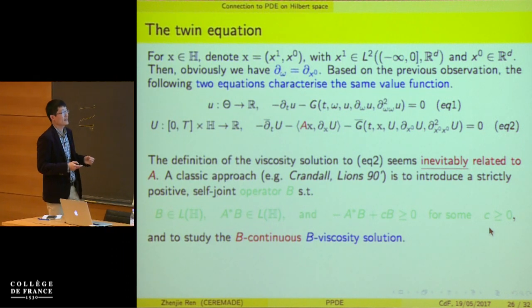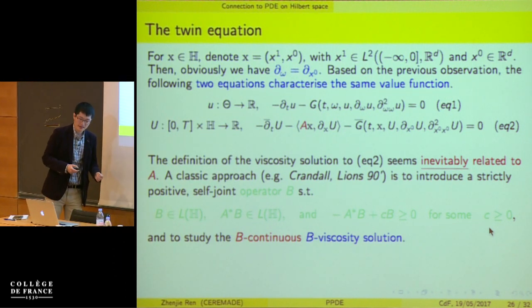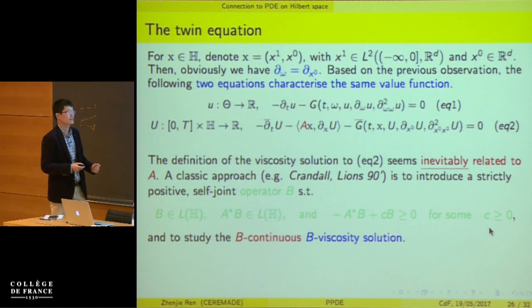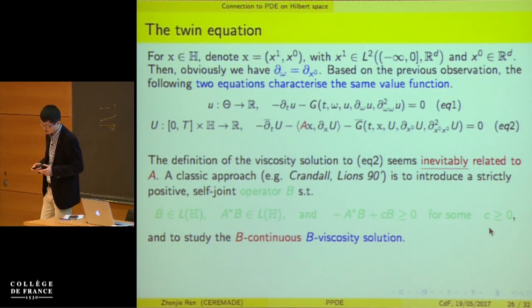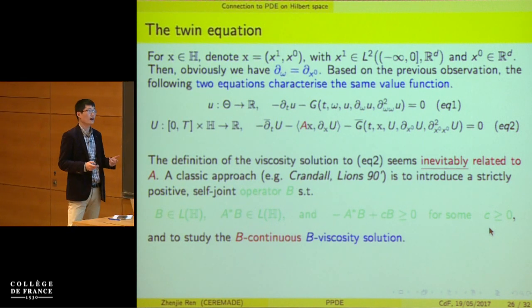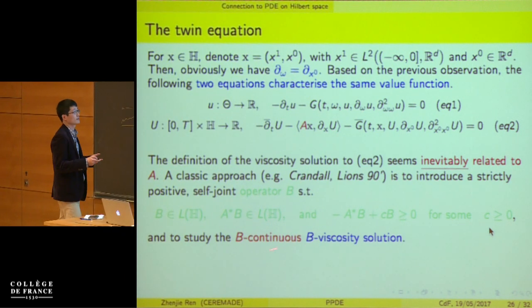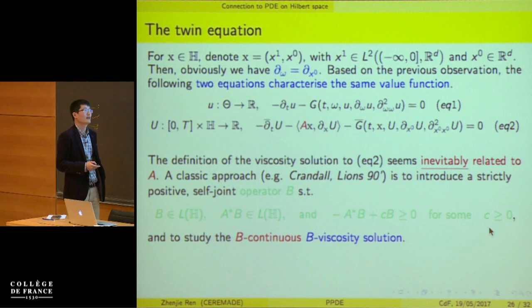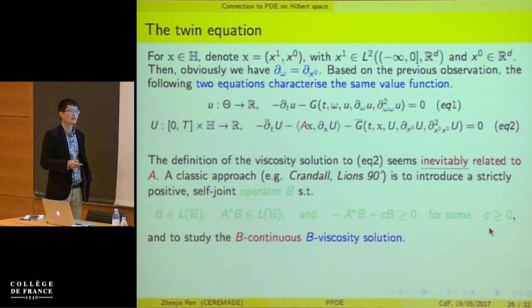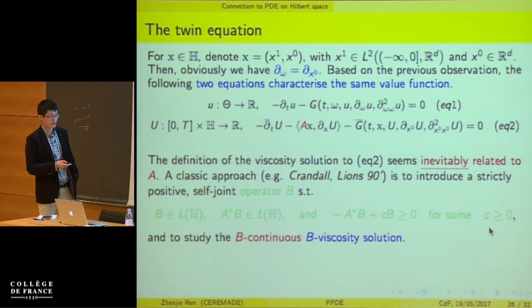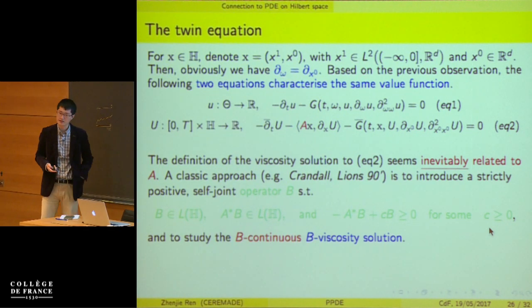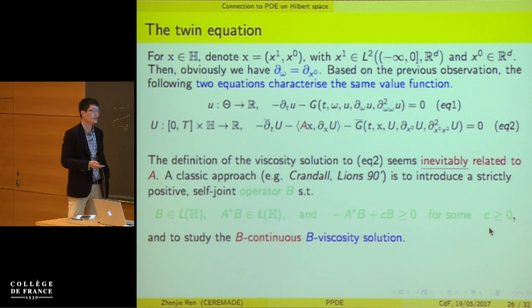And in the literature, we talk about this B. The definition of the viscosity solution will depend on this B operator. And because of technical constraints, we can only talk about the properties of B-continuous B-viscosity solutions in the literature. And what is B continuity?